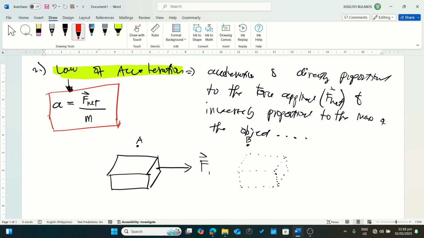Now the question is, how much is the acceleration of the box? How do we solve for the acceleration of the box?